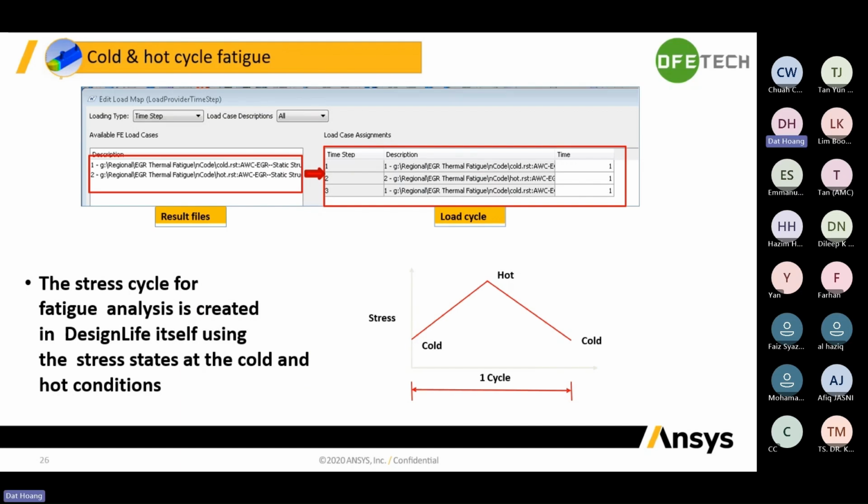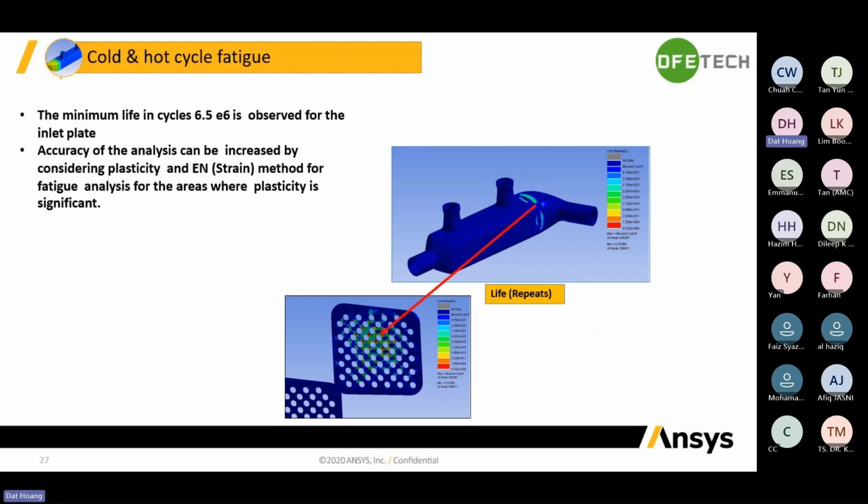Yeah, so just some detail of the workflow. Here, for example, the result is showing a minimum of 6.5 million cycles. Very good design here.